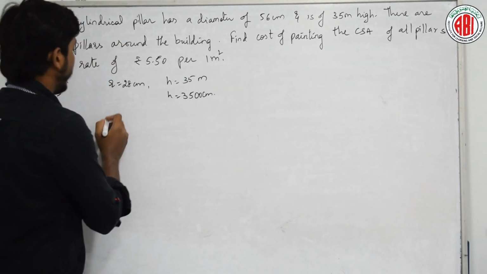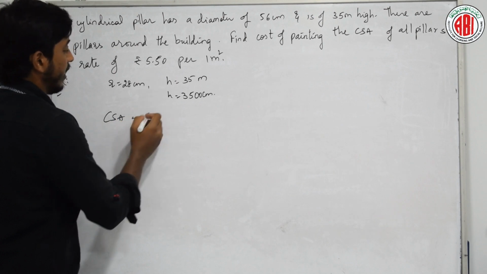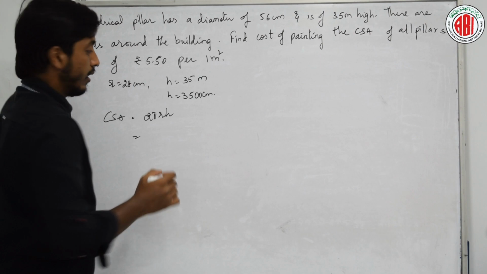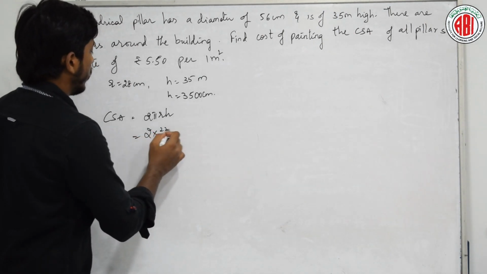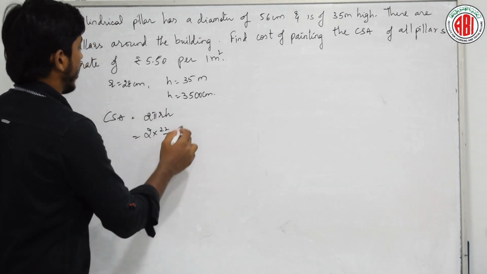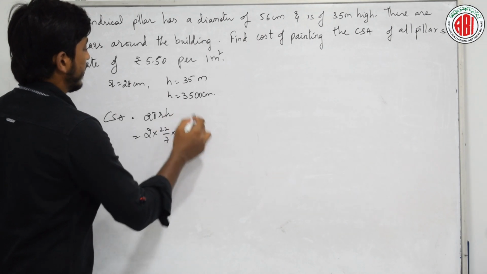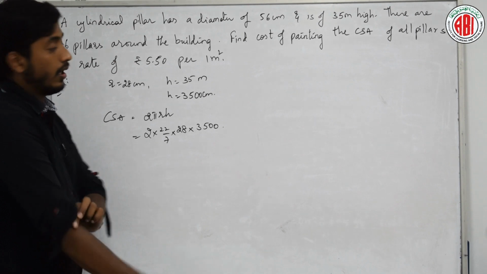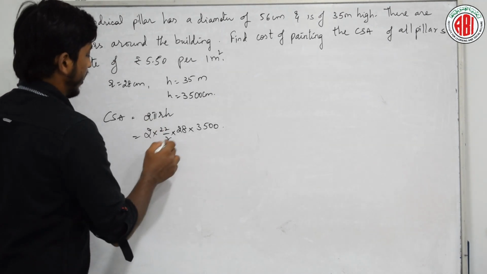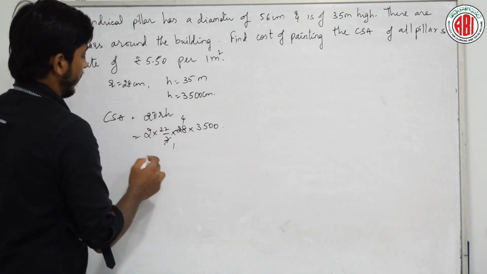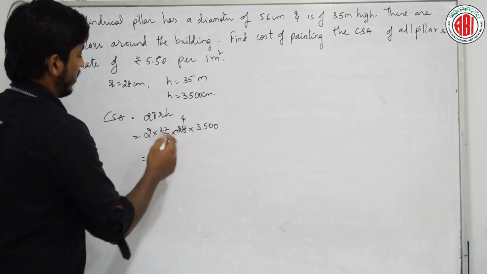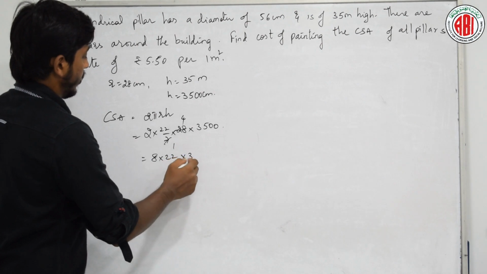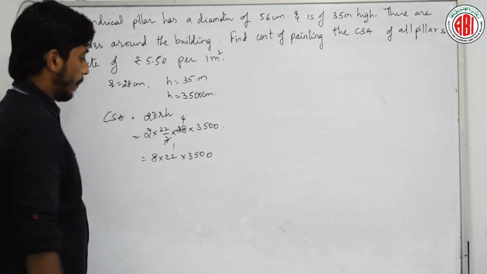Now tell me, what is CSA of a cylinder? 2 pi r h. That is 2 into 22 by 7. What is r? 28. What is h? 3500. Now let us multiply it. 7 fours are 28, and the next 4 twos are 8. 8 into 22 into 3500.